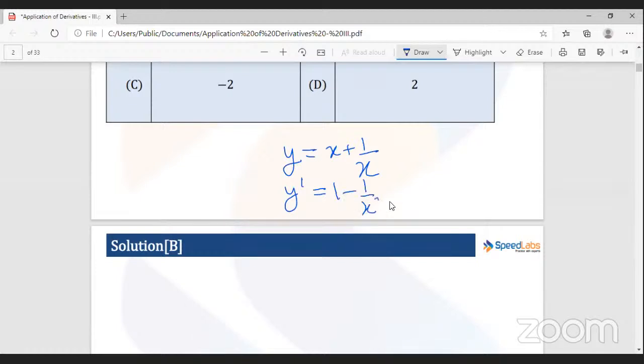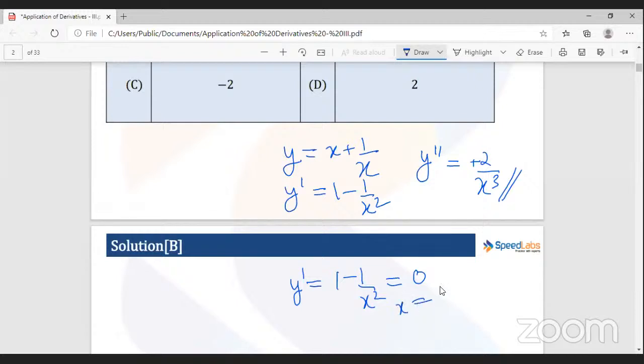was 1 minus 1 by x square, and then we found y double dash, which was 2 upon x cubed, right? And then for minima, what we did was 1 minus 1 by x square equal to 0. So x was coming out to be plus minus 1.